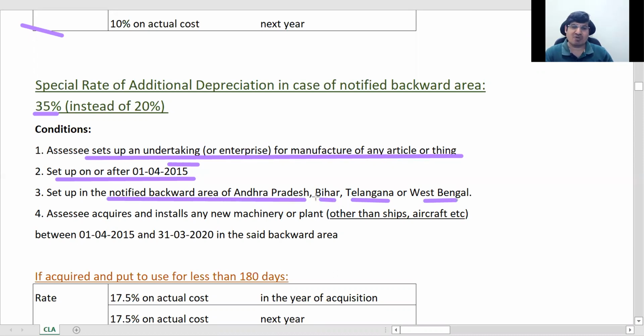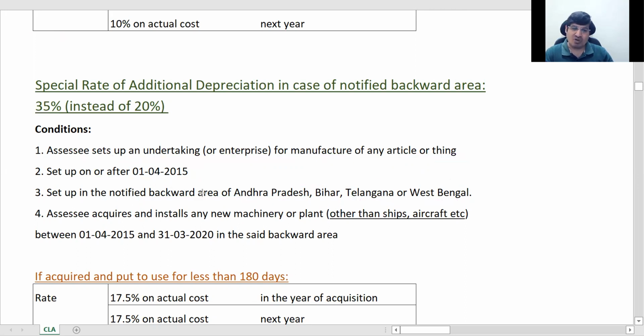This is the period to remember. And there are some notified areas in this where they are allowing it. Okay, so you don't need to know it, that is enough. If you know that some notified backward area of these four. Okay, so if here is setting up his industry, then he will get additional depreciation of 35%.